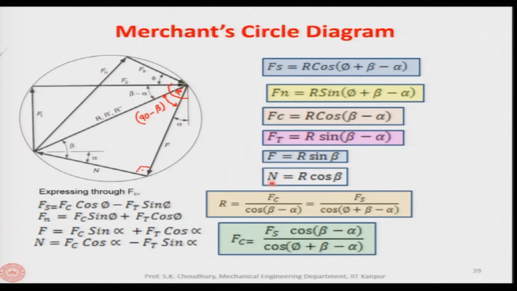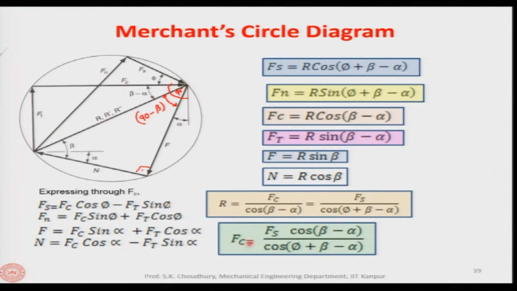From here, that we have derived last time, we can find out that R is equal to Fc divided by cos of beta minus alpha, which is also equal to Fs divided by cos of phi plus beta minus alpha. This is what is written here. Therefore, Fc, which is the cutting force, can be found out as Fs into cos of beta minus alpha, divided by cos of phi plus beta minus alpha.